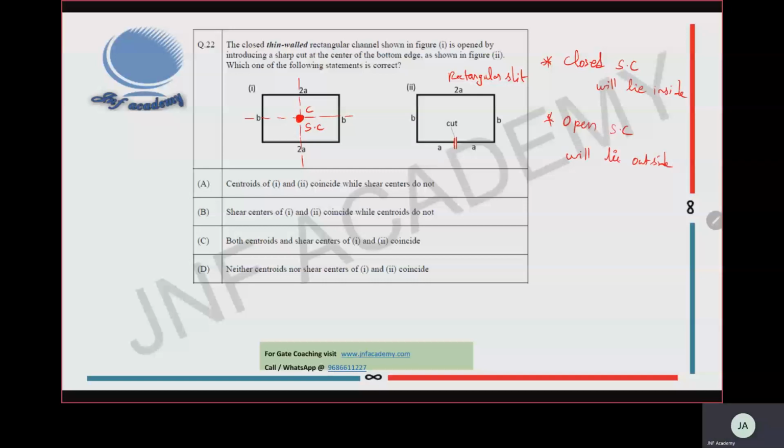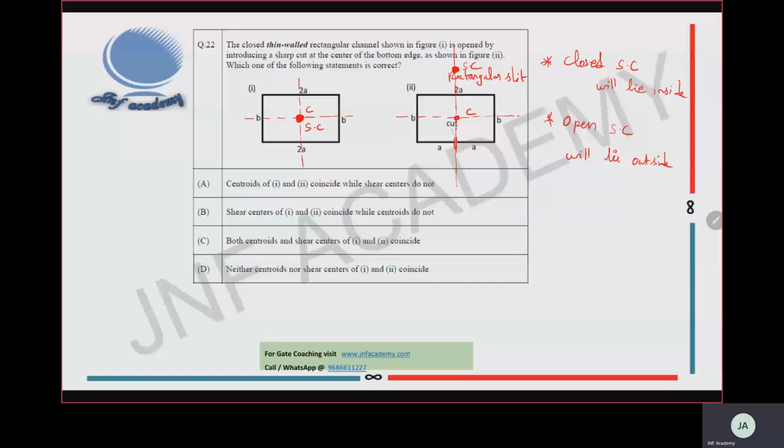Okay, but if you see the geometrical value, both are same. So the centroid will be the same. Say for example, since it is symmetrical about this y-axis, so our shear center may travel along this axis. Probably it will come over here based on its dimension. Okay, so two things you need to remember. One is for any closed section, our shear center will lie inside.